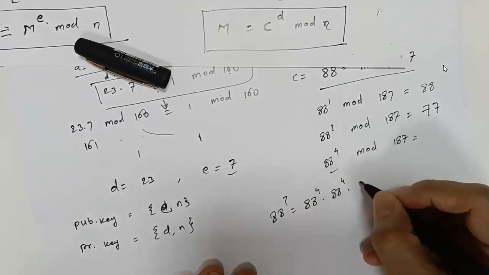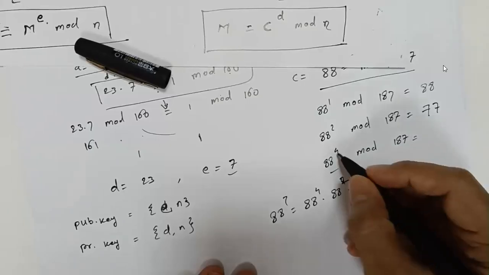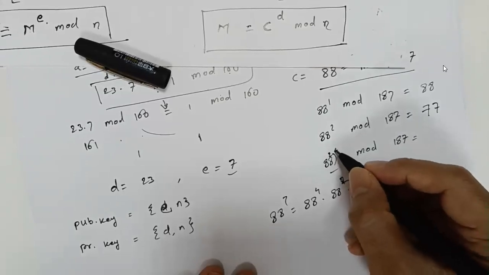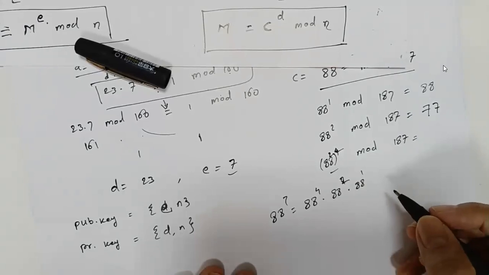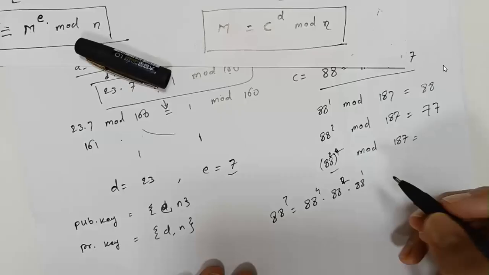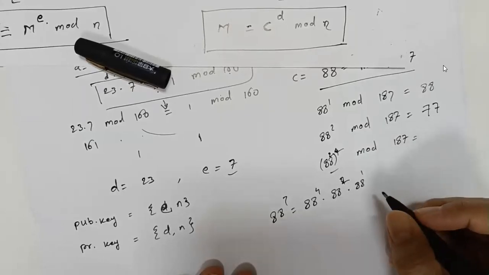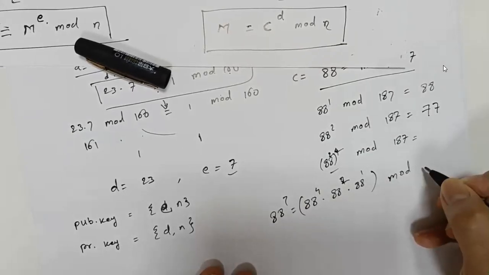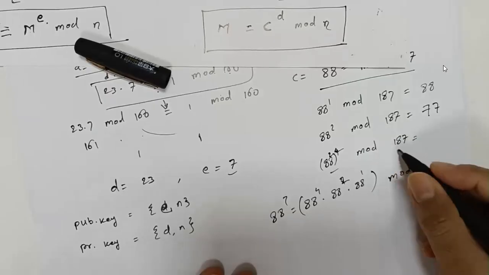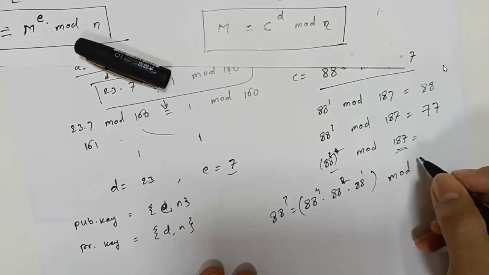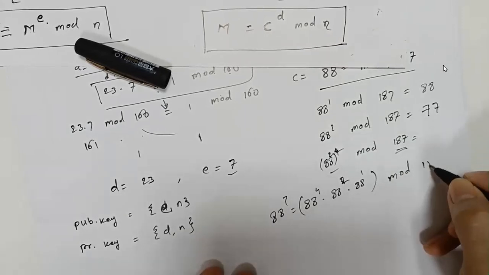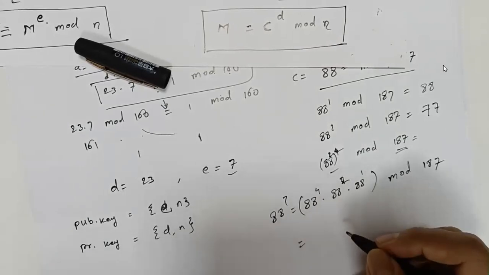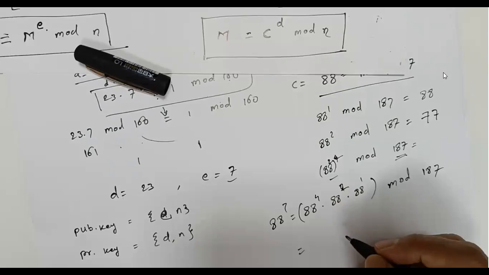We can write 88 raised to 4 as 88 squared mod 187, that is 88 raised to 2 raised to 2. So 77 raised to 2 is possible. Then 77 squared will be 154, but again you have to do mod 187 after that. So then also it would be 154 only, right?